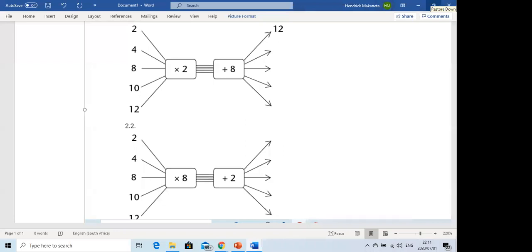as well as variables. At times you will find variables usually are unknown numbers, like what we have just done now, just to find the output values. Those were not known values.